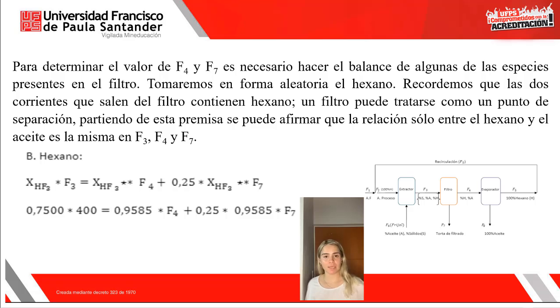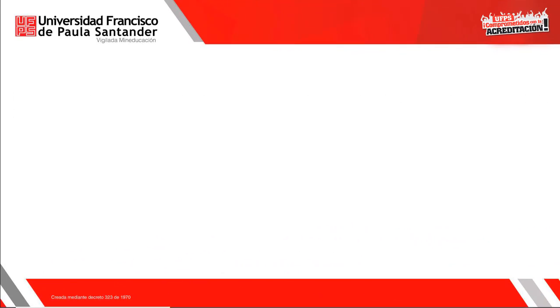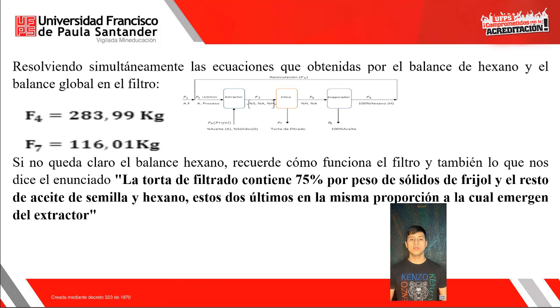A filter can be treated as a separation point, and starting from this premise we can state that the relation between hexane and oil is the same in F3, F4, and F7. We simultaneously solve the equations obtained by the species balance and the global balance in the filter, which gives us a result.